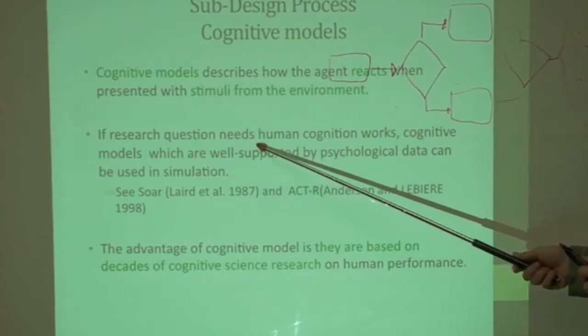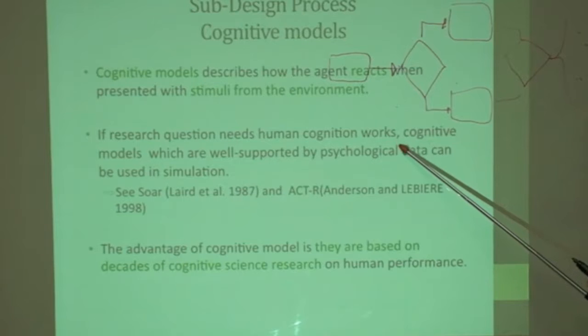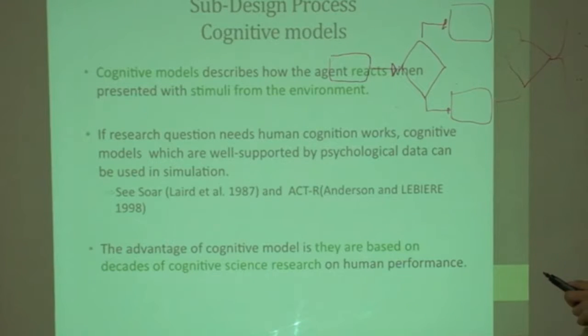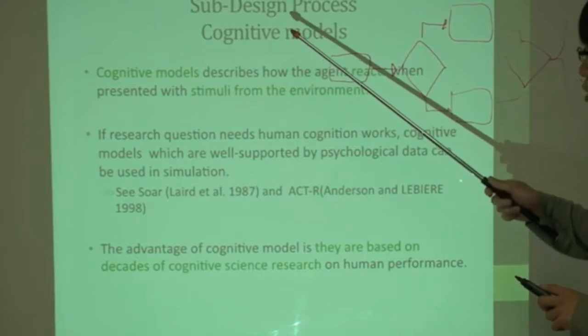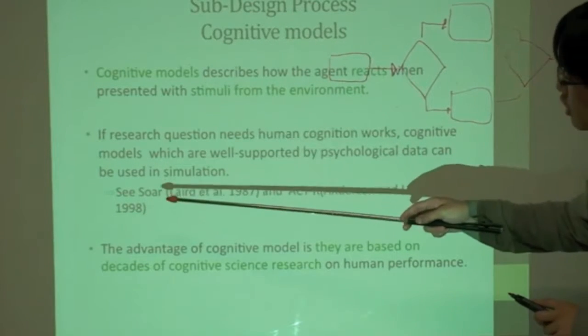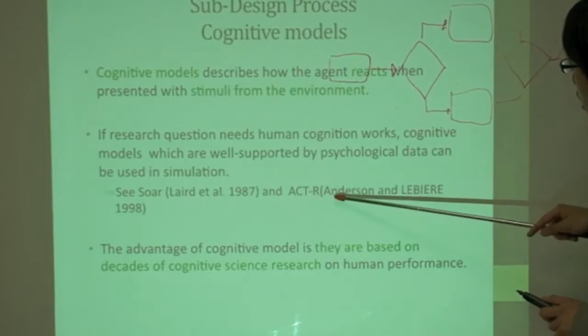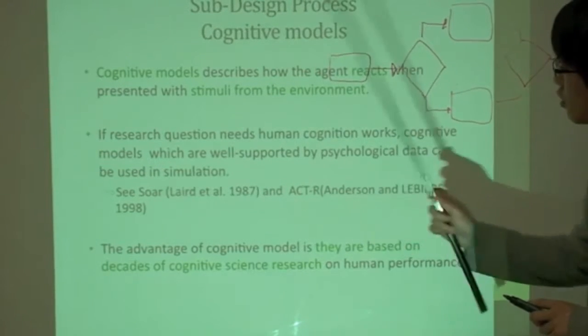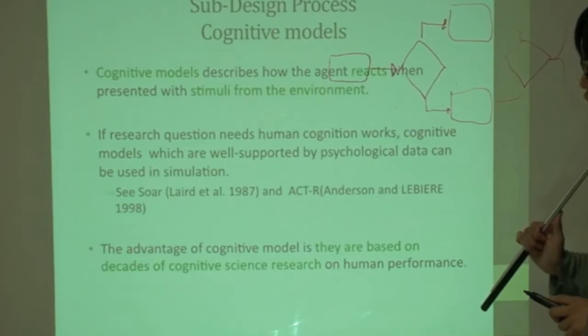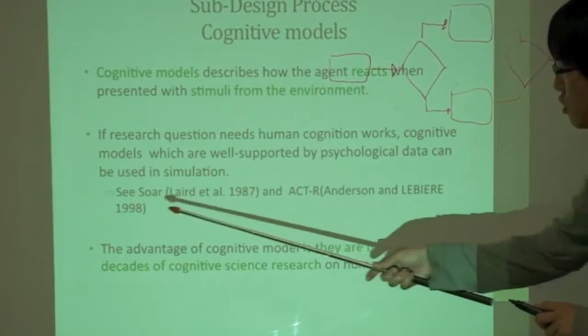If the research question needs human cognition, cognitive models which are well supported by psychological data can be used in simulation. And if you want to know more about cognitive models, please see SOAR and ACT-R models. So you can see in this.